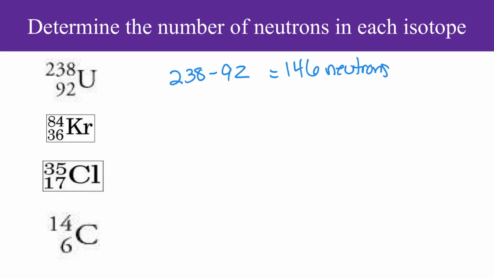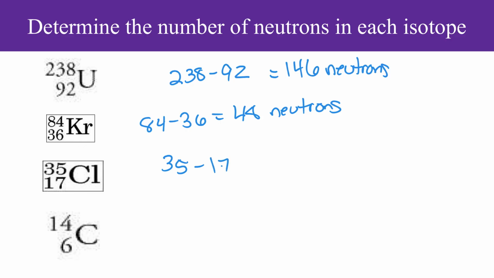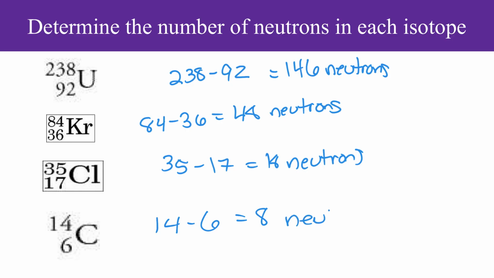Krypton-84, we're going to do 84 minus 36, which is equal to 48 neutrons. Chlorine-35, we're going to do 35 minus 17, which is equal to 18 neutrons. And then carbon-14, we're going to do 14 minus 6, which is 8 neutrons.